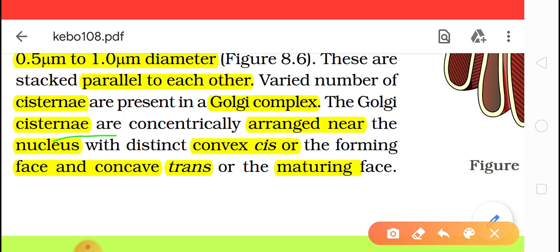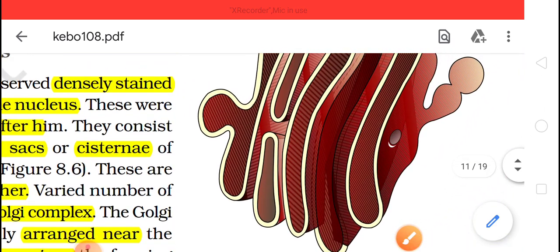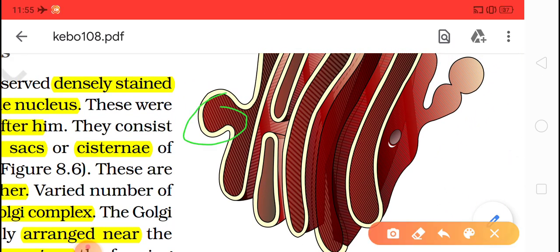The cisternae that are arranged near the nucleus have a convex cis face. Okay, so if we see the face near the nucleus, that is the convex cis face, and on the opposite side of the nucleus, the concave trans face or maturing face, we can say. Okay, by the use of the diagram you see that this is near the nucleus, so that's why we can say the cis face.